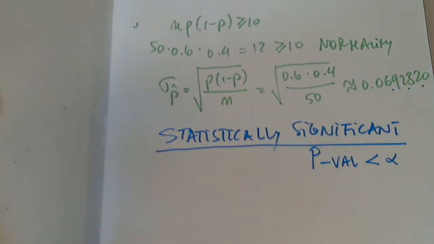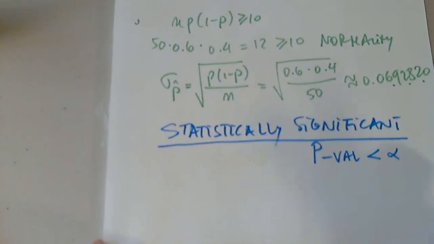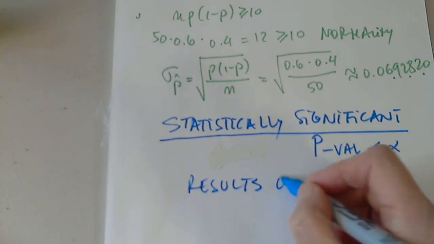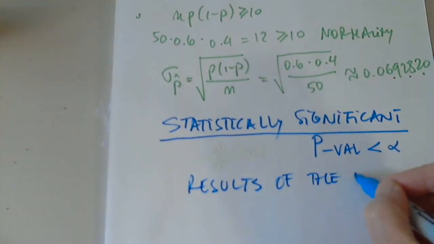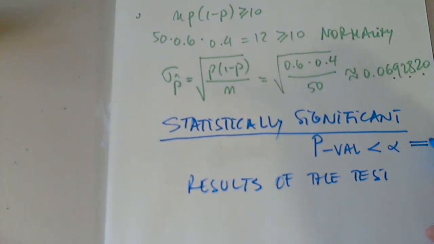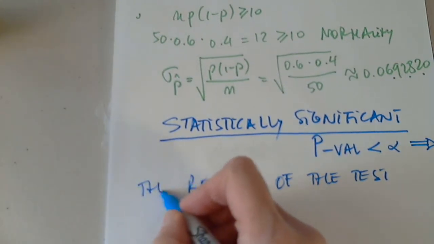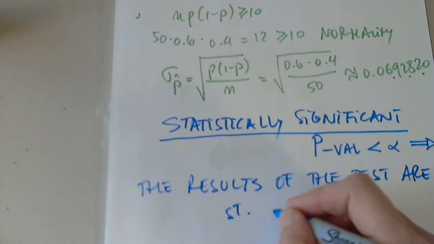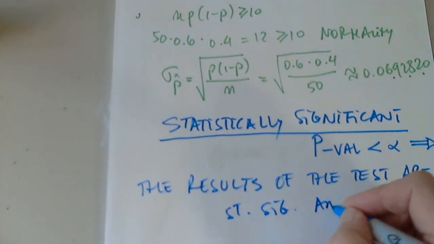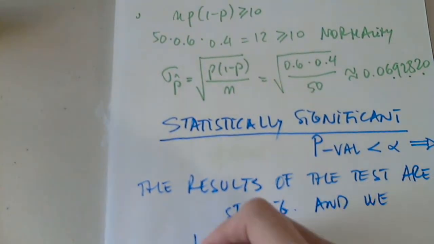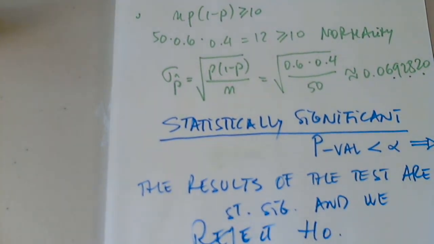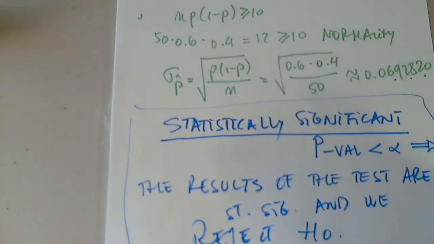So when the p-value is less than alpha, the results of the test are statistically significant, and we reject the null hypothesis. That's what we call statistically significant.